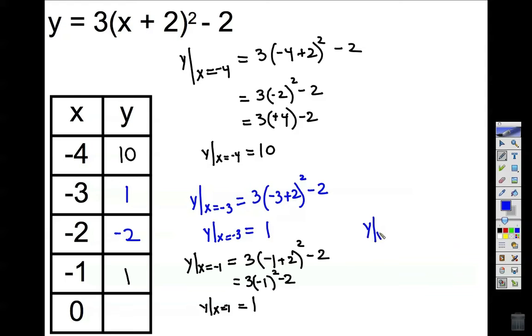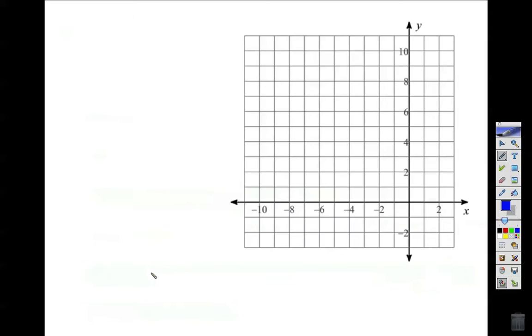What's the y result when x is equal to 0? 0 plus 2 is 2. Squared, that is 4. 3 times 4 is 12, minus 2 is equal to 10. So as we see, they do match, and now all we've got to do is graph.